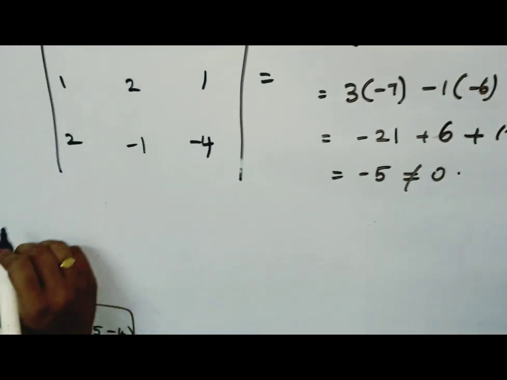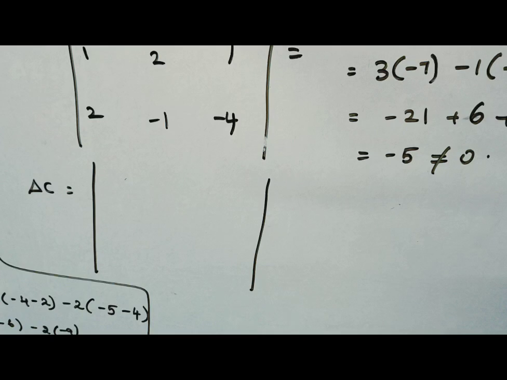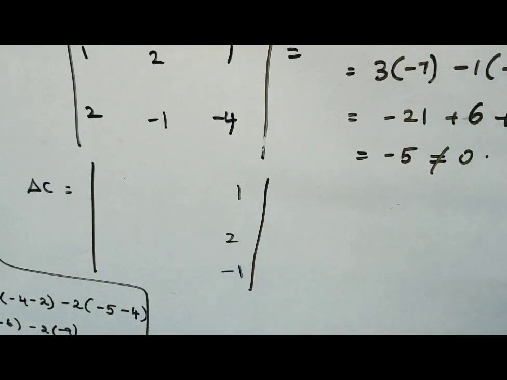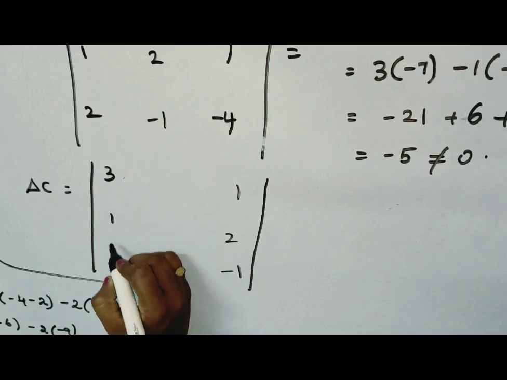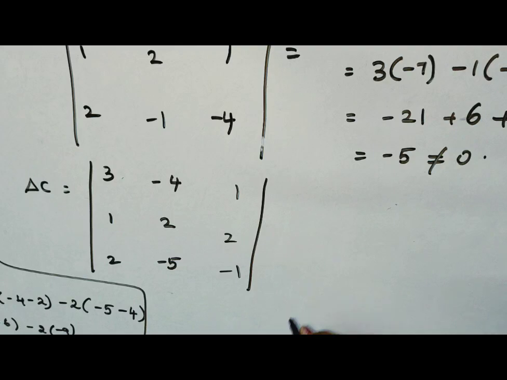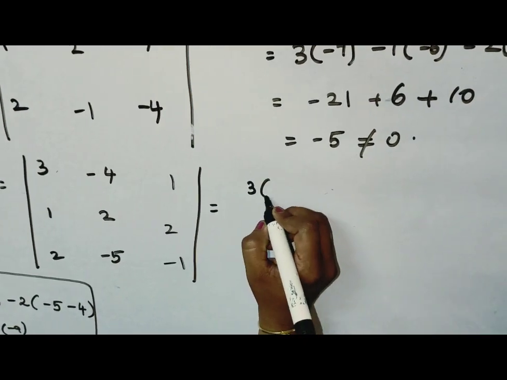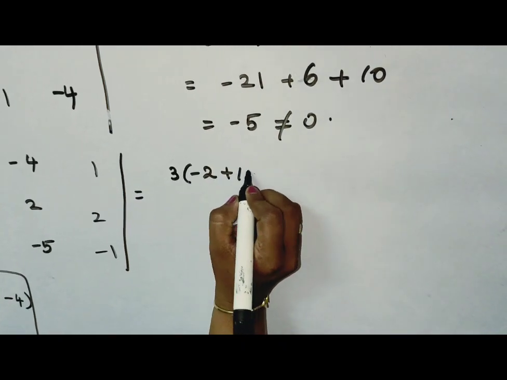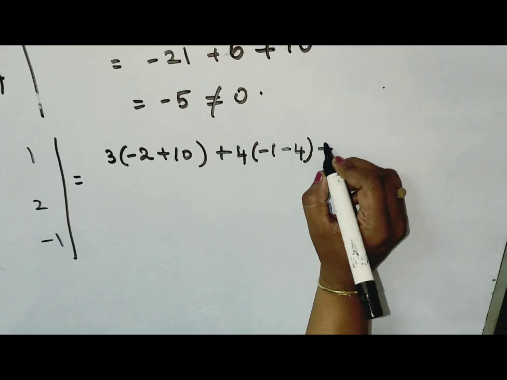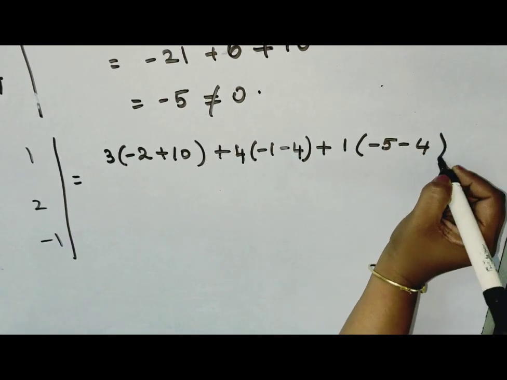Now similarly we will find the value of delta C. When it comes to delta C, we have to replace the C column with the constants given on the right hand side, which is nothing but 1, 2, minus 1. The remaining columns we can write as they are: 3, 1, 2, minus 4, 2, minus 5. So now we will find the value of delta C. 3 into minus 2 plus 10, plus 4 into minus 1 minus 4, plus 1 into minus 5 minus 4.